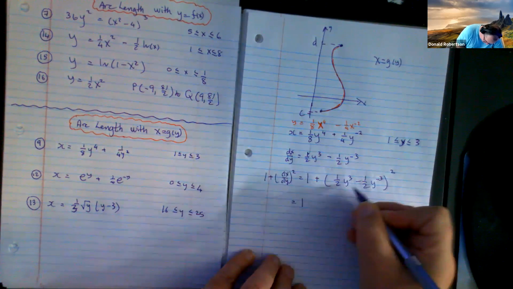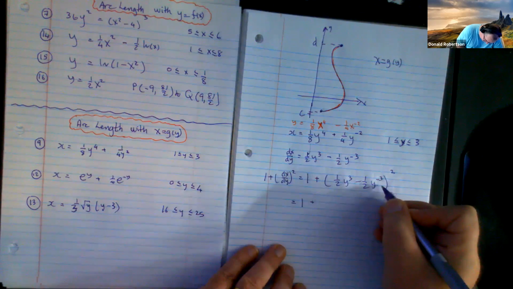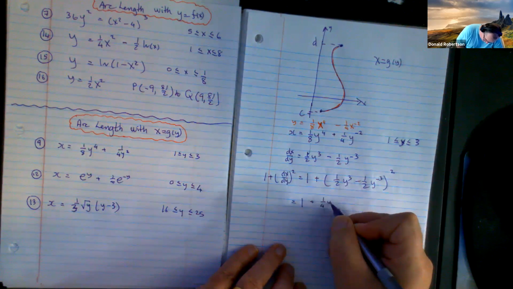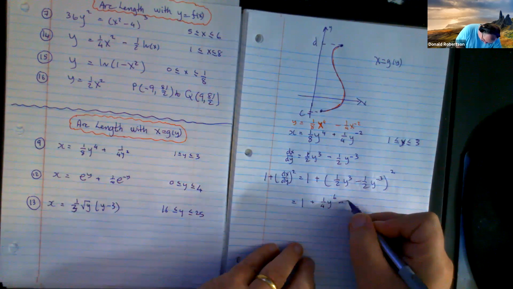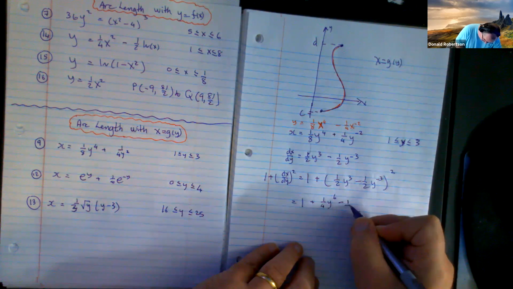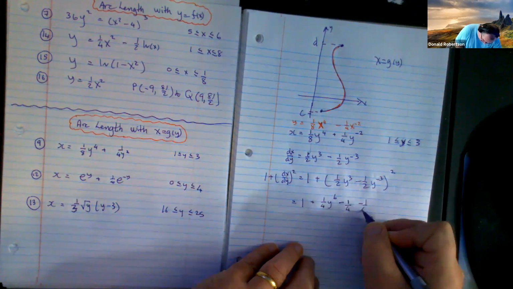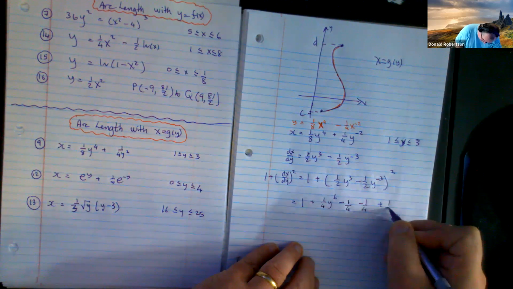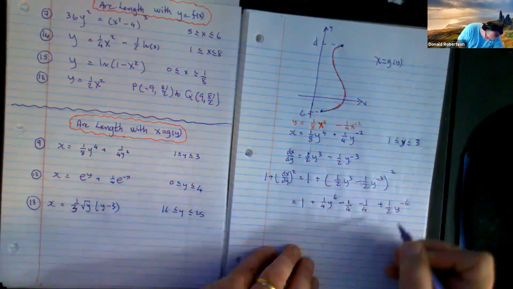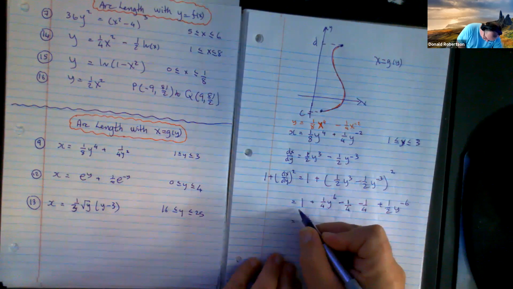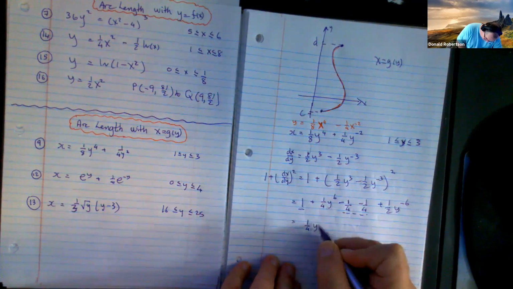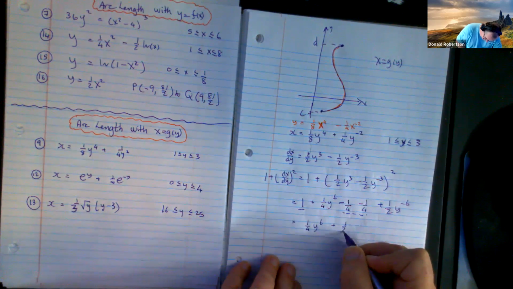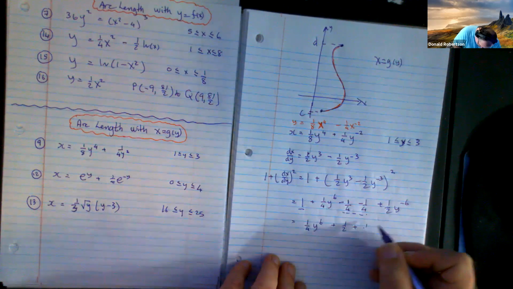And you're going to trust me on this one. If you FOIL this guy out, you get 1/4 y to the 6, negative a quarter, negative a quarter, and plus 1/2 y to the negative 6. When you combine all these fractions and numbers together, you get this guy squared.